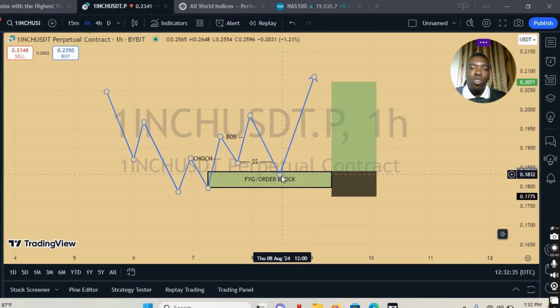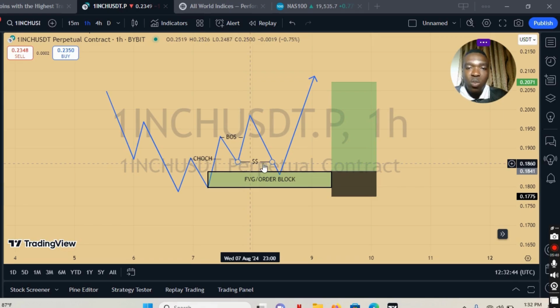And what will make price give us a very high momentum is this liquidity here, this inducement. This is what will actually make price, after sweeping this liquidity, go up. Liquidity in trading is like fuel, because if you want to drive a car, you need the gas, you need the fuel.